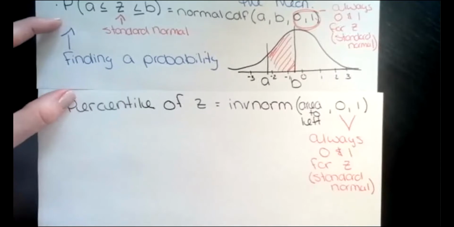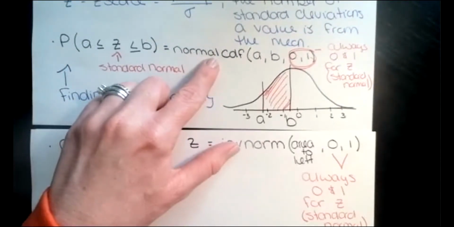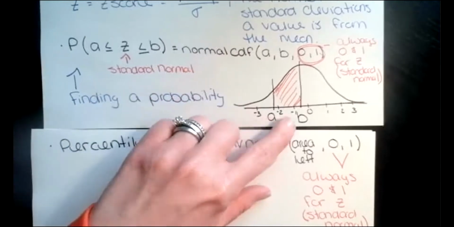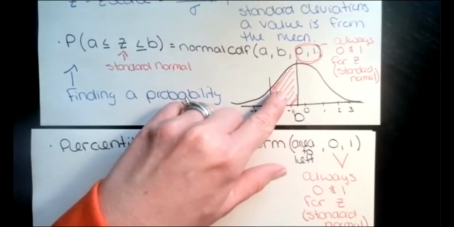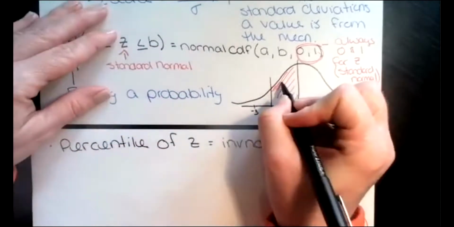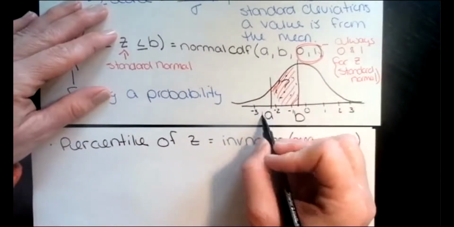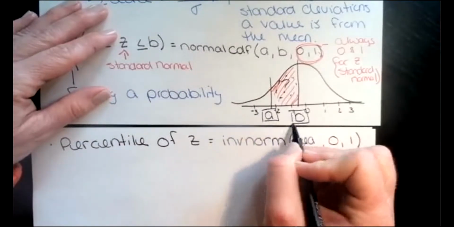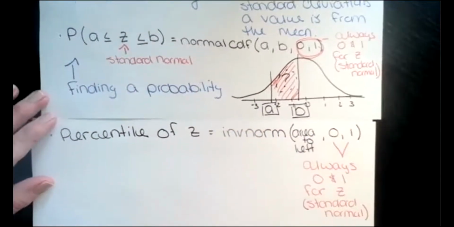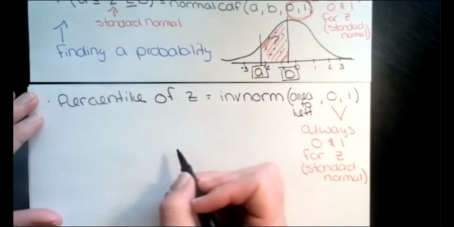The same thing's happening here. So if you're using the normal CDF, that means you have data values down here and you're finding the probability. So this is like what we're finding right here, this area. Okay, and I have these values. And what the inverse function does for us, just the opposite.